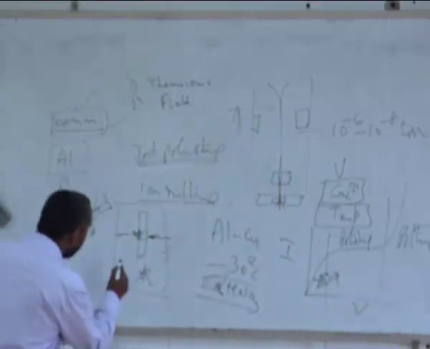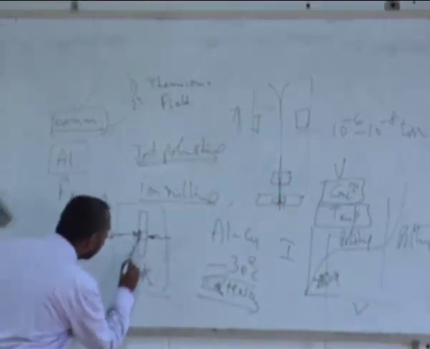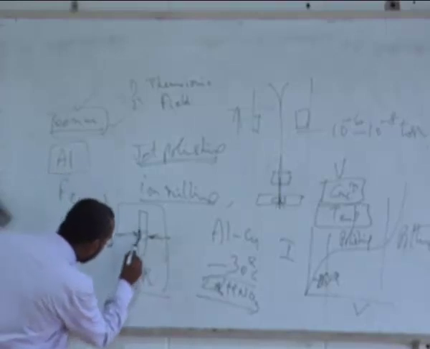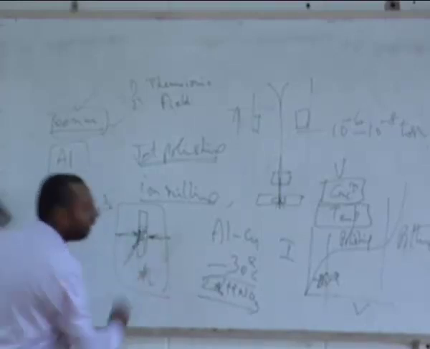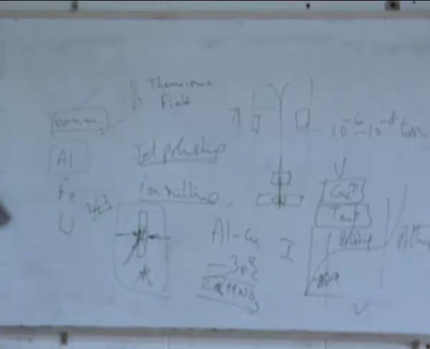So that means the beam is falling at a glancing angle, and at the same time the sample is also rotating.